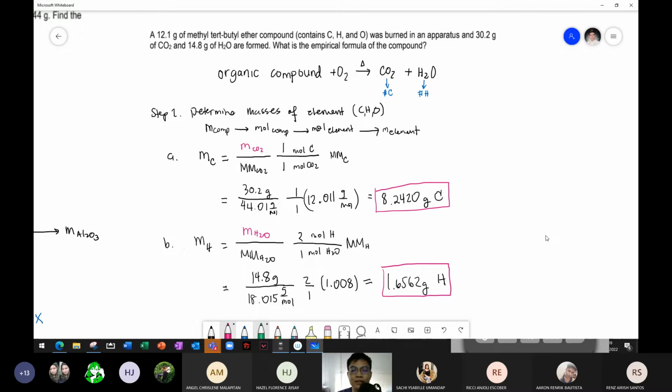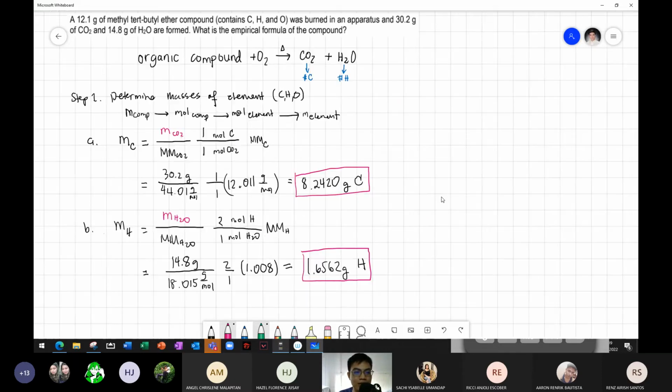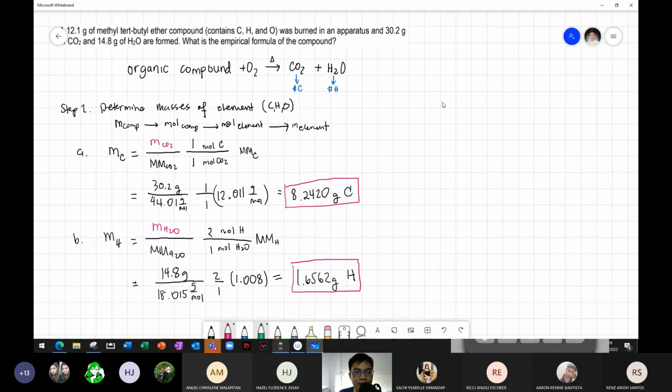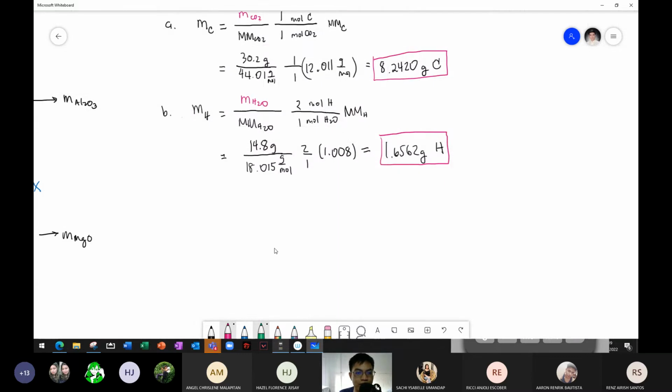So, the total mass of your system is the sum of the individual masses of your elements. So, law of conservation of mass. Meaning, we can determine the mass of the element oxygen from the sample mass, 12.1 grams.